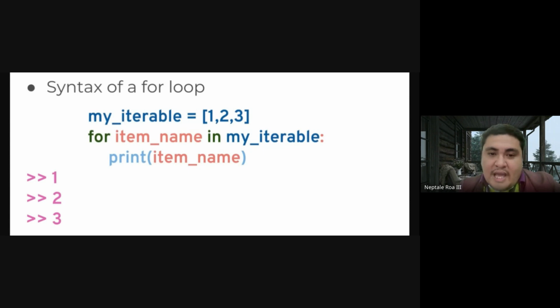Okay? So, can you look at the screen? Yung my iterable, yung mga values na nandito, will be passed to the item name and then will be executed here. Okay? So this one will become the reference, this one will hold, and then this part here will execute na dayon. Okay? Yan yung syntax ni Python sa for loop.